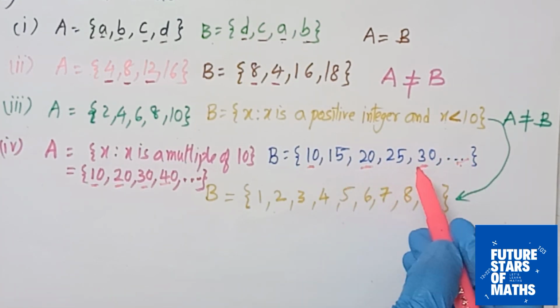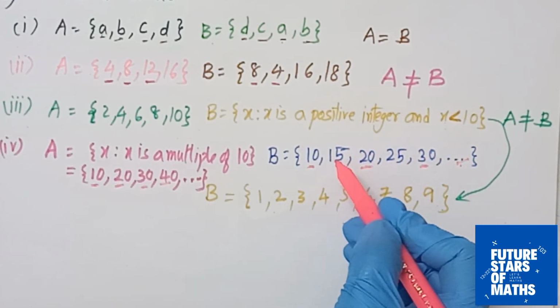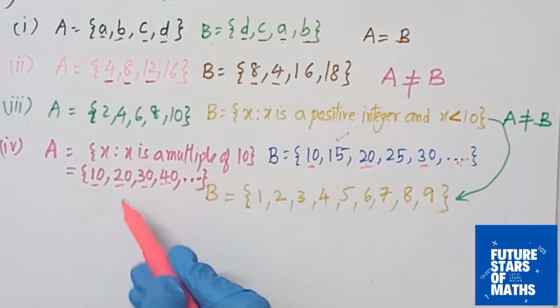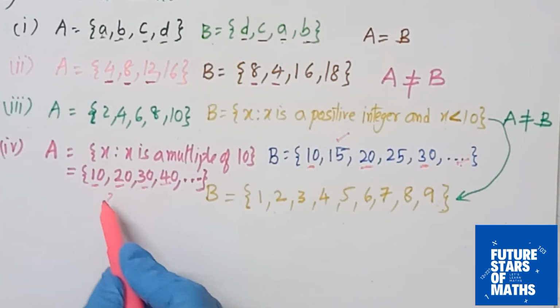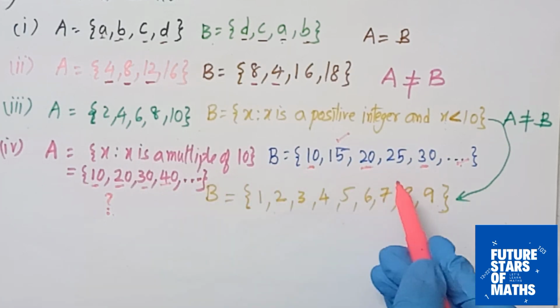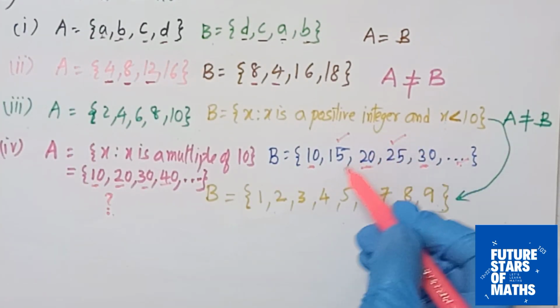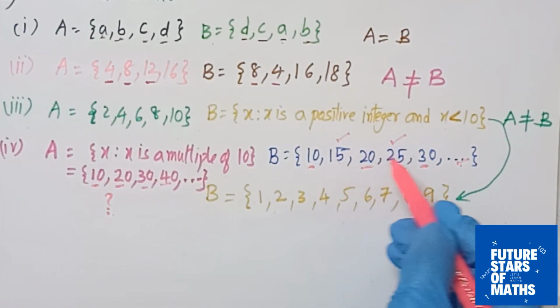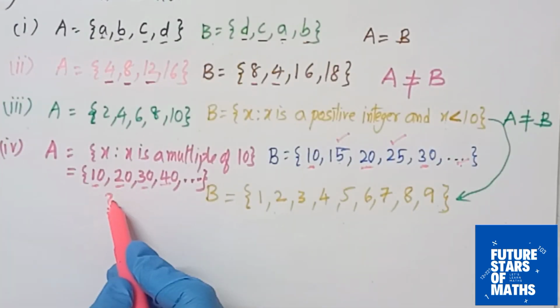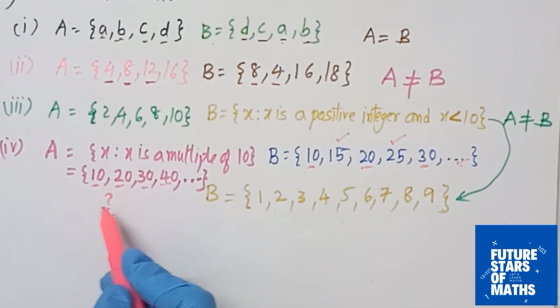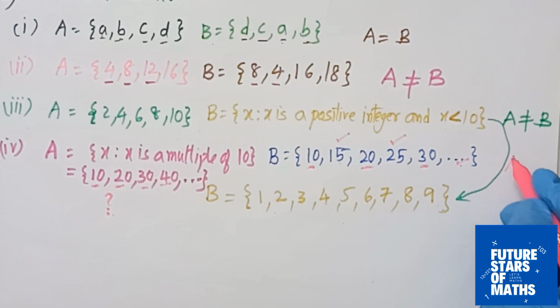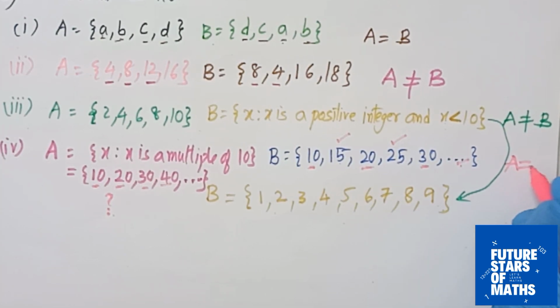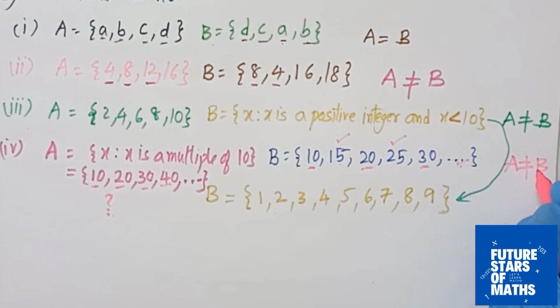But in this set few elements are extra. That is, here we have 15. But we don't have 15 here. Do we have? No. So what we can say? All these multiples like 15, 25, 35, they are not present in the set A. So now we can conclude that A is not equal to B.